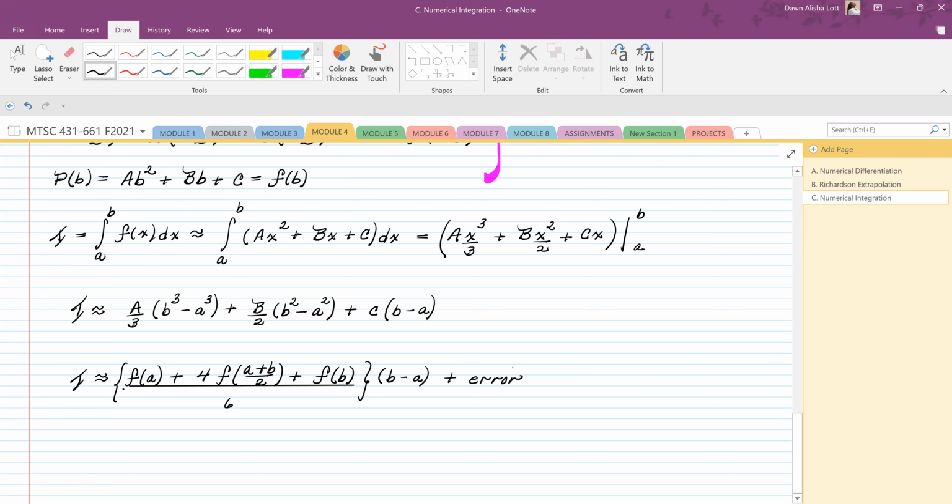Okay, so now we understand what our main idea is. Those are the three that you learned in undergraduate calculus, actually.